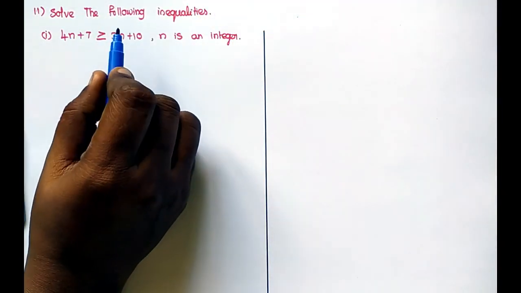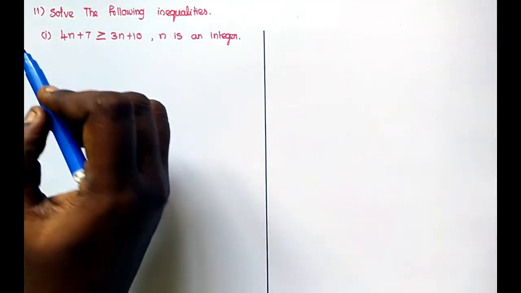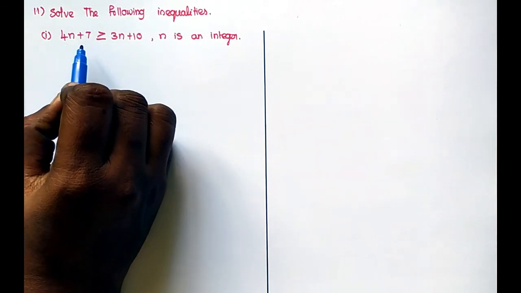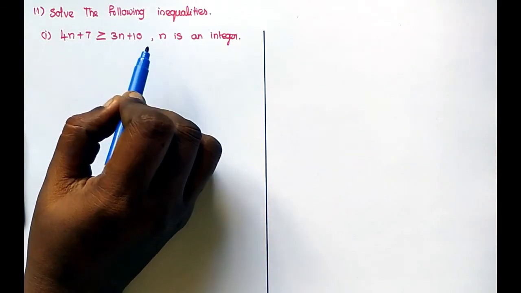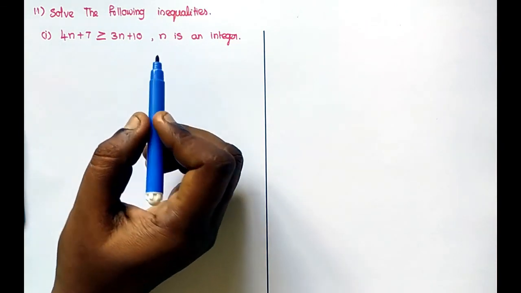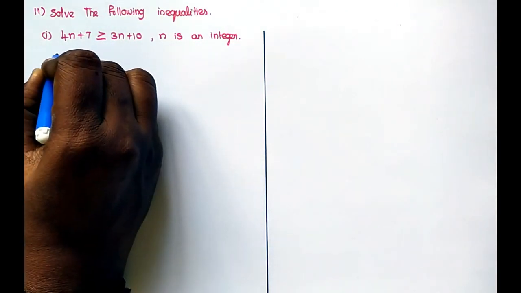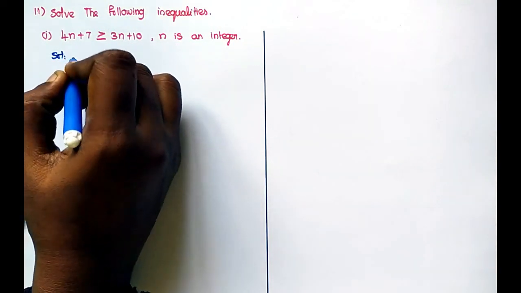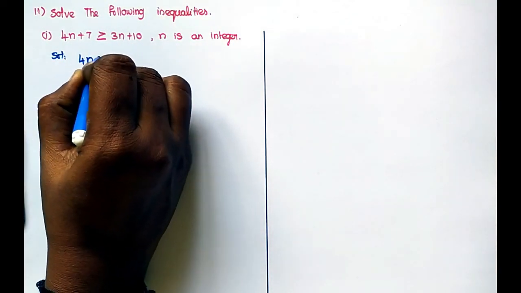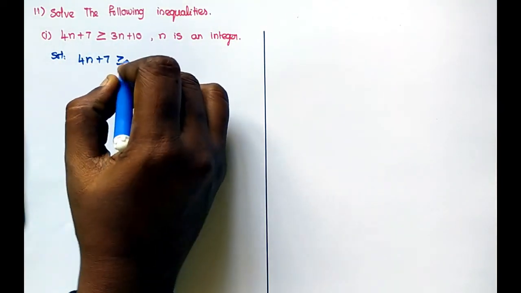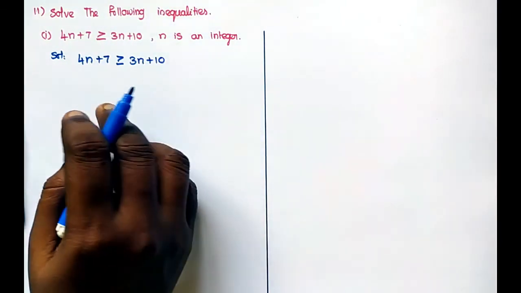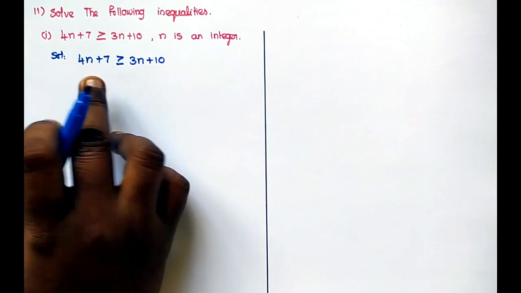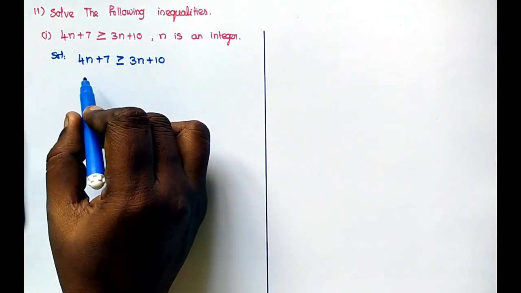11th sum, solve the following inequalities. First subdivision, 4n plus 7 greater than or equal to 3n plus 10. Here n is an integer. Listen, assemble the variable on one side.